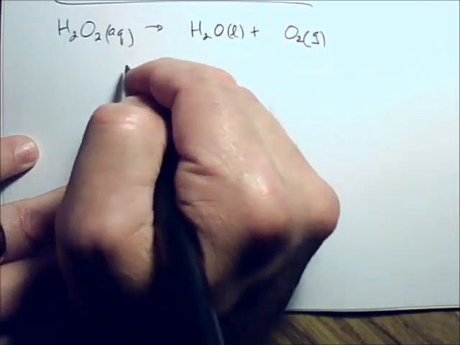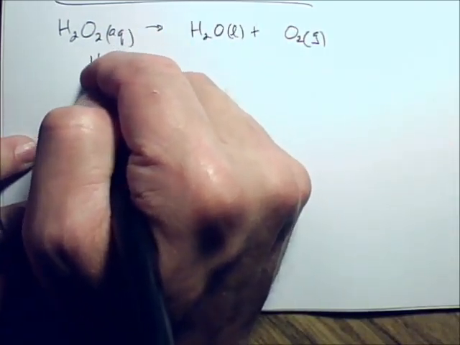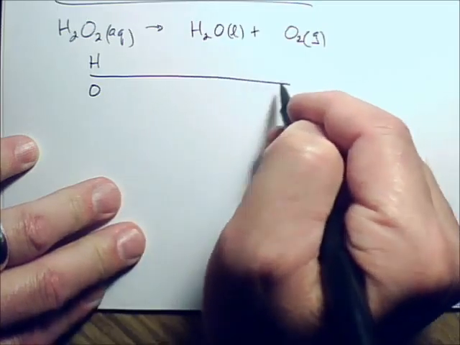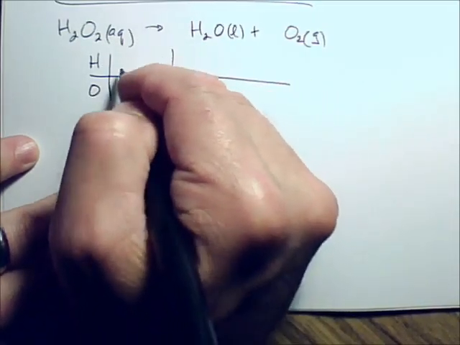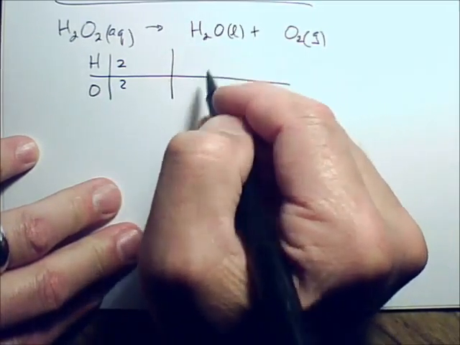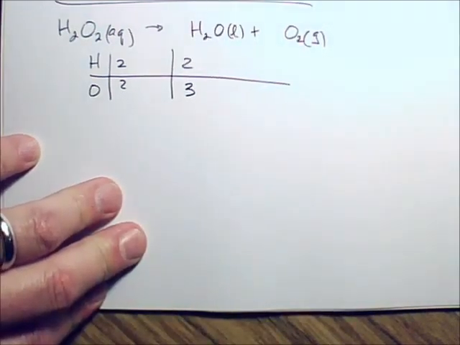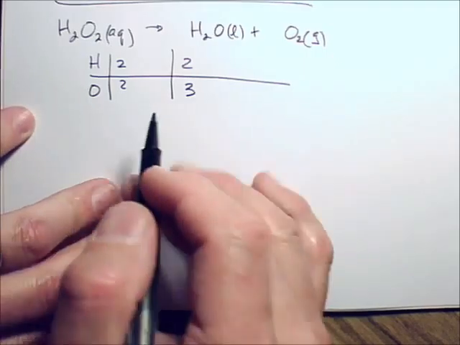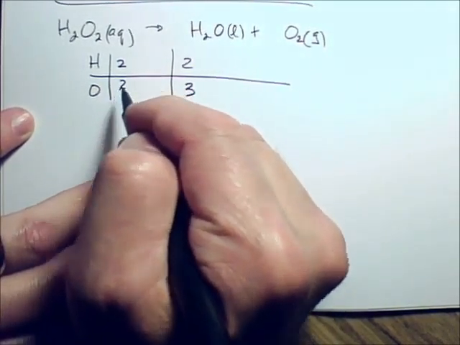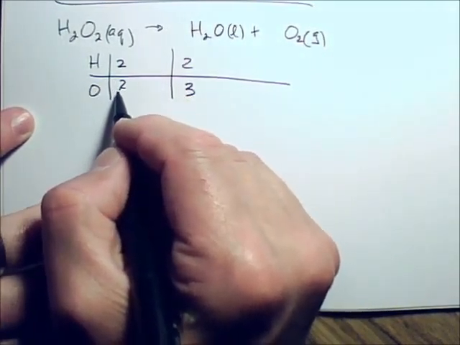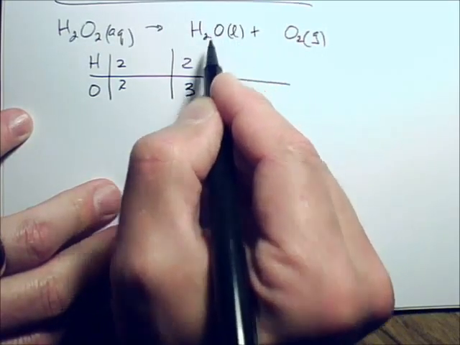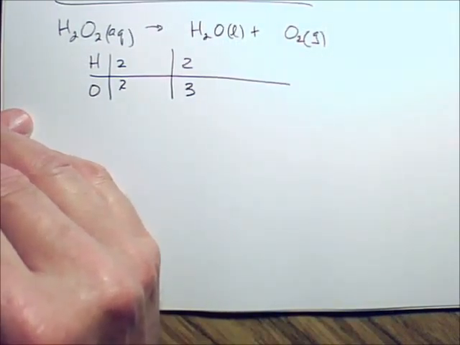Okay? So let's see. Got to do an atom inventory. 2 oxygens on the left and 3 on the right. There's going to be a lot of change too. Did I do that part right? Okay, so we need to start with oxygen because hydrogen's already balanced. So let's see, I need a 3 over here and a 2 over here where the hydrogens are. Would that make sense?